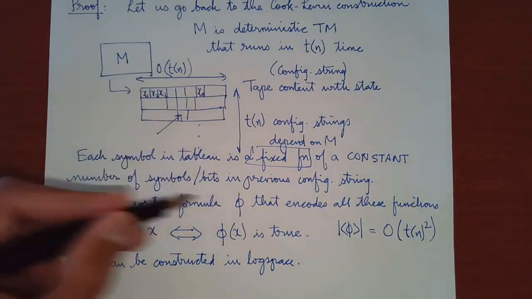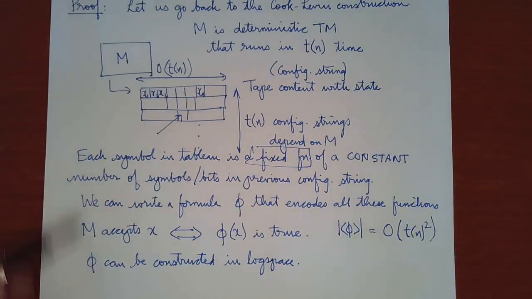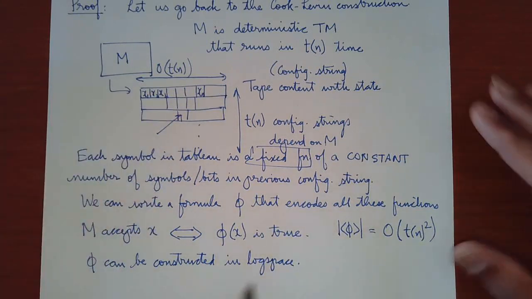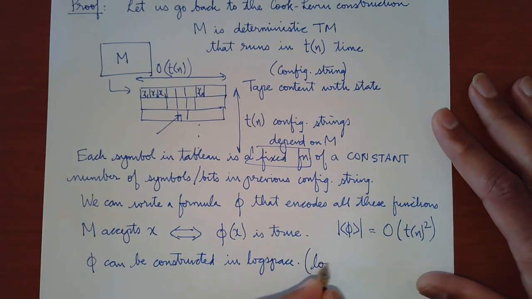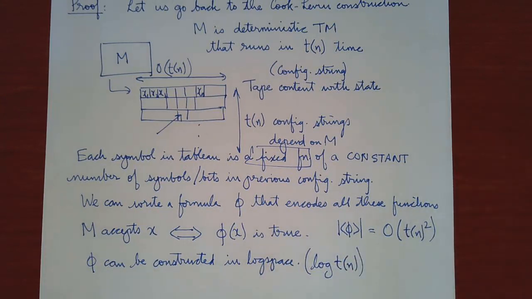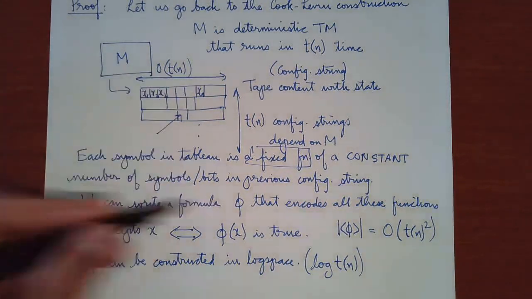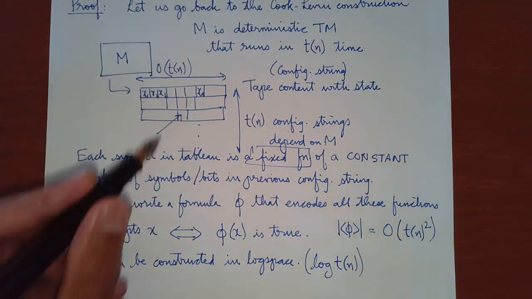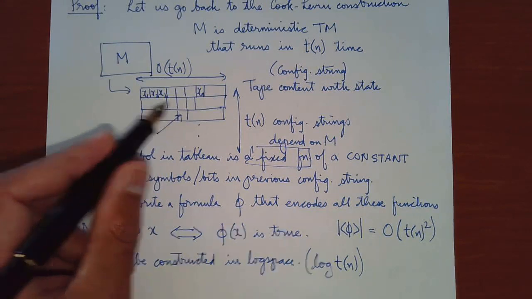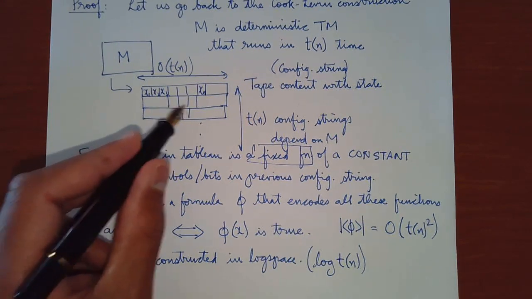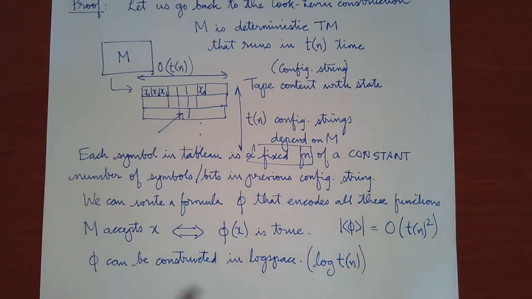It's at most the square of, because that's the size of the tableau, and it can be constructed in log space, which I mean is basically you only need log of T(n) space, because you can essentially imagine that each portion of this tableau matrix just depends on a few others. So as long as you can write down the indices of what it depends on, all the clauses can be written down in log space.